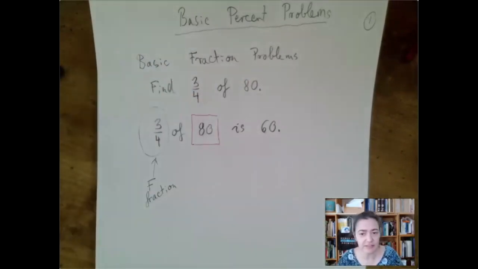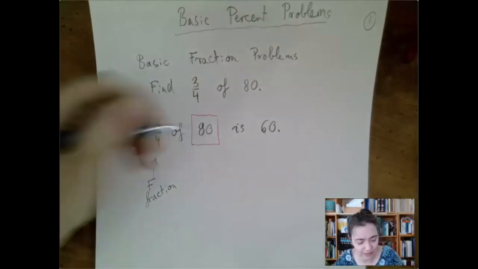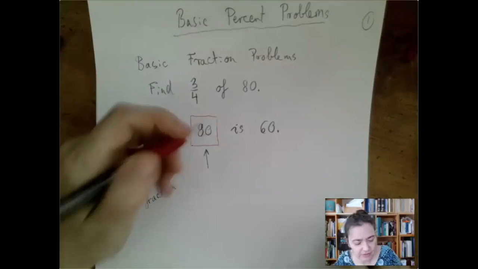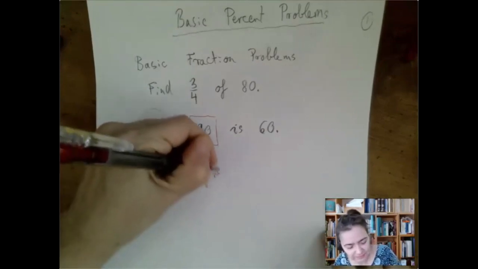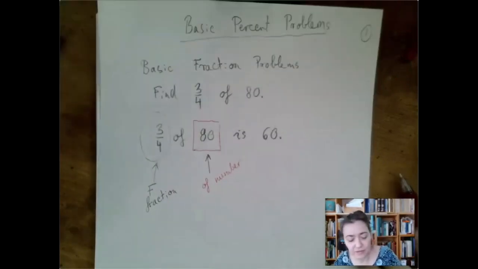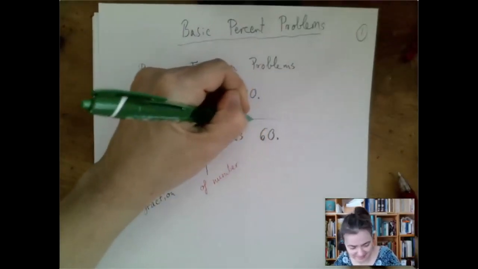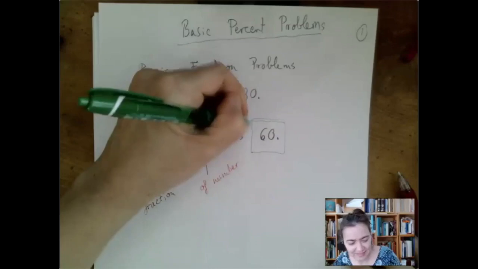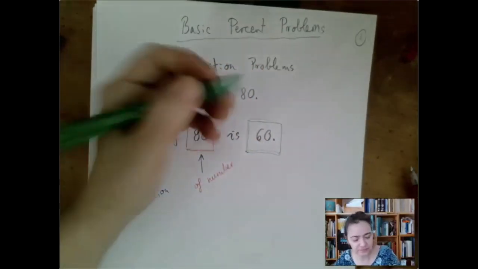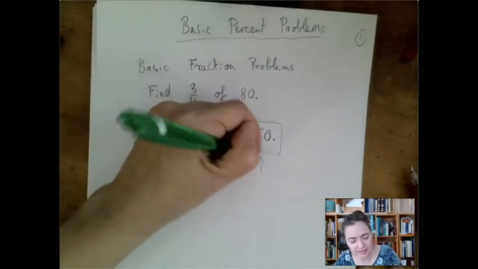The word of is nearly always immediately before it. And this is gonna be called the is number. This is sort of the part that we compute. This is gonna be the is number.